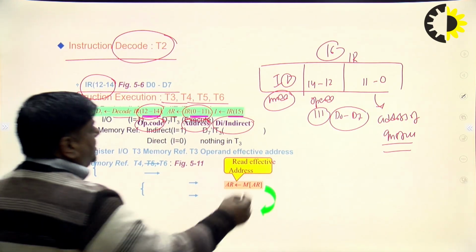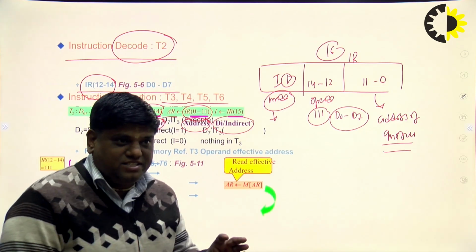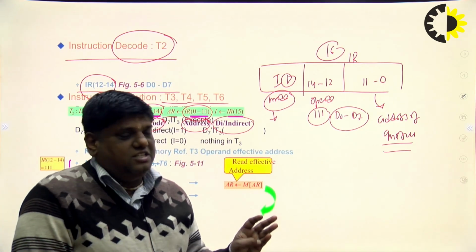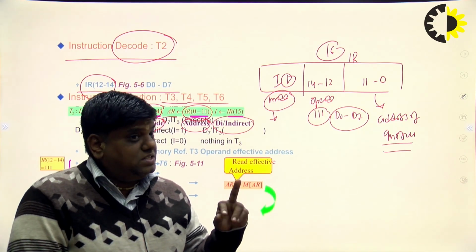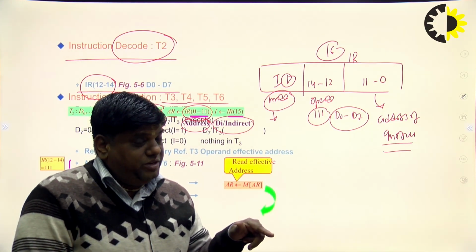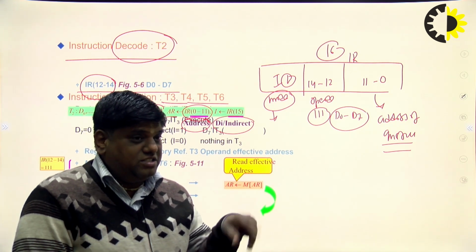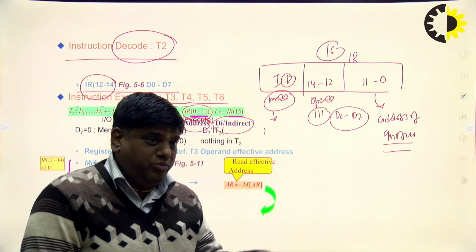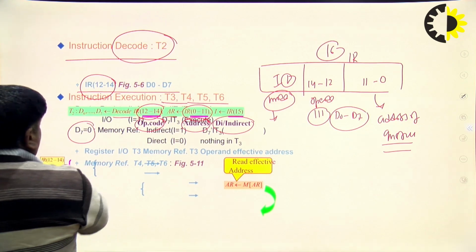From here we decide whether the instruction is executed as a register reference, a memory reference, or an input output reference. Memory reference is also of two types, direct memory and indirect memory.